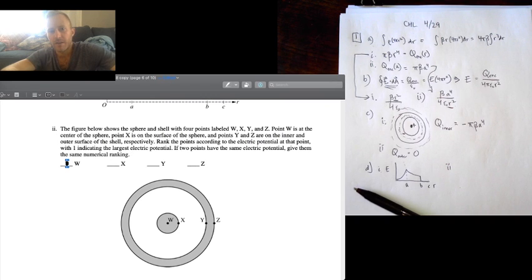X is the next closest, so it's going to be number 2. And then the electric field between Y and Z is going to be 0. So there's no potential difference between Y and Z. So these are both number 3. All right.